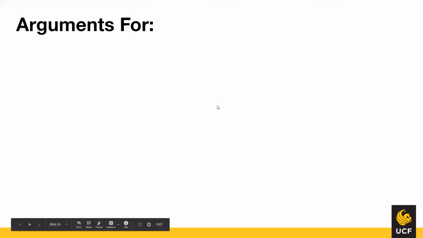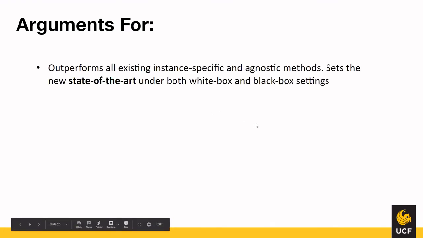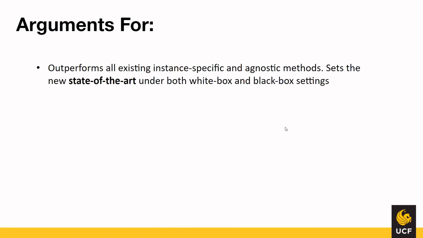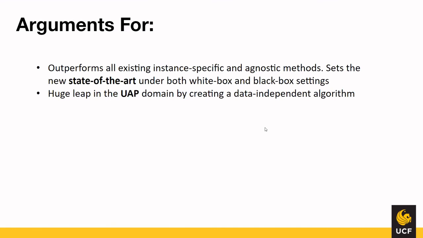Now let's look at some arguments for the paper. It outperforms all instance-specific and agnostic models, as we saw, and it creates new state-of-the-art results for white box and black box settings. We consider this a huge leap in the universal adversarial perturbation domain, where the model itself is completely data independent.